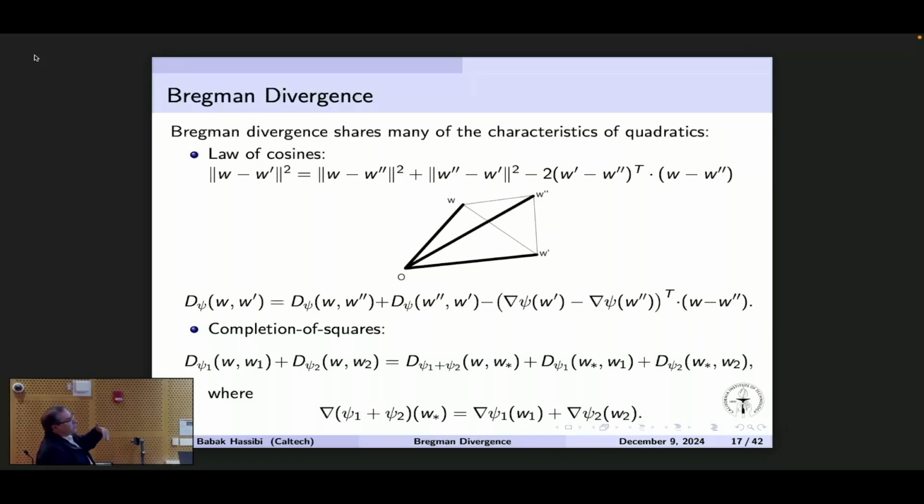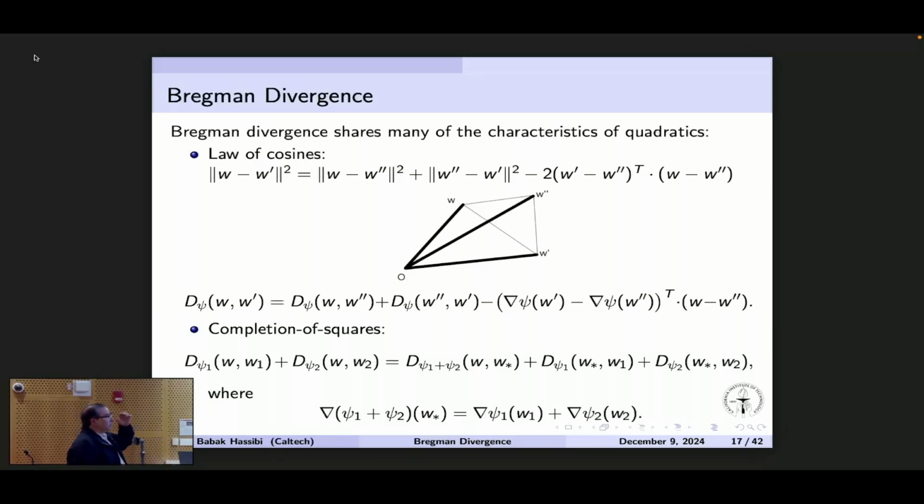But it's the Bregman divergence of some W star, and then you get these 2 extra terms. W star is found from this equation, sometimes called the normal equation. It turns out when psi1 plus psi2 is strictly convex, this mapping, defined through the gradient of the potentials, is invertible. And so there's a unique W star. So there's a completion of squares.